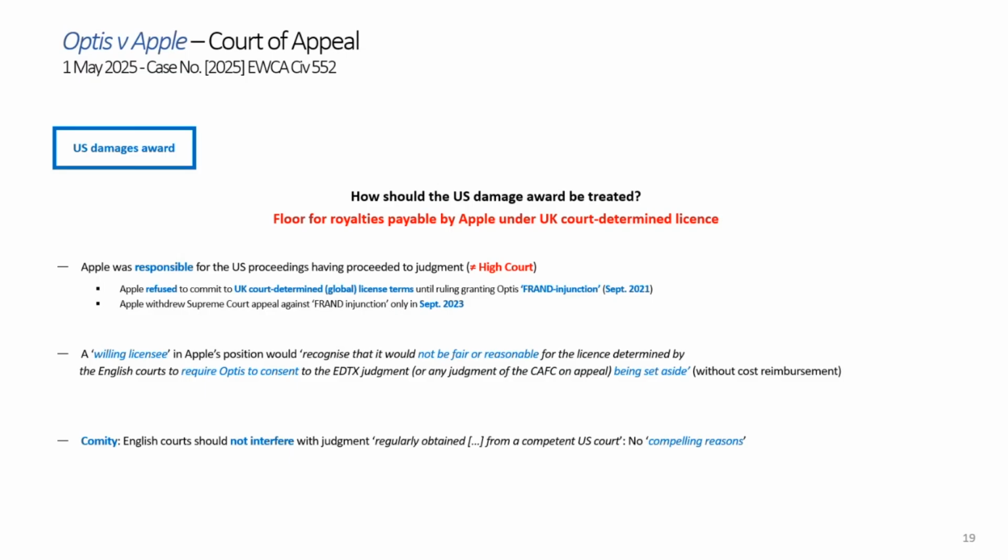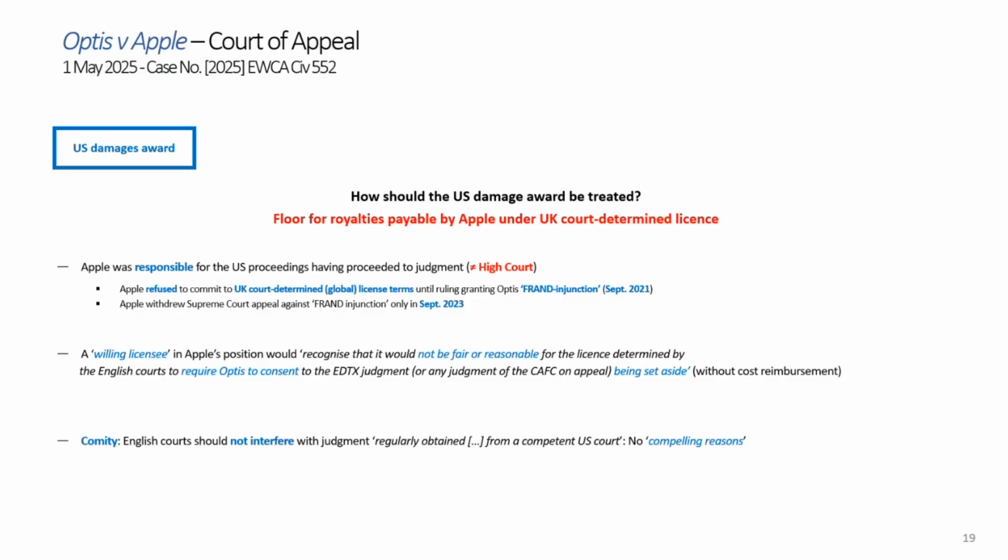And this is where what I mentioned in the very beginning when we were talking about the story of the case plays a role, because the court said, although the proceedings started simultaneously and it was clear that there could be some overlap, Apple refused to accept the court determination in the UK until the first judgment on the FRAND injunction was delivered in September 2021.